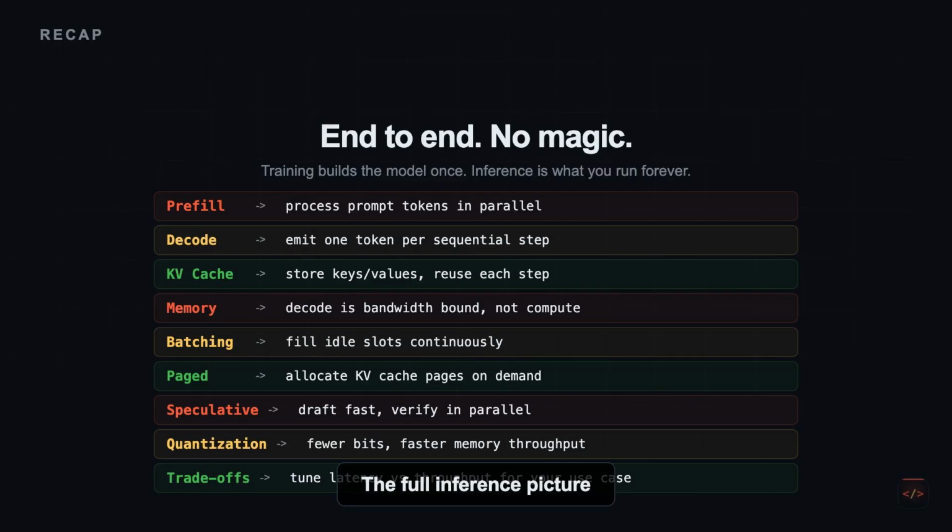Quantization shrinks the model and speeds it up by moving less data, and every real deployment tunes the balance between latency and throughput. Training builds the model once, inference is what you run forever. And this is how it is made fast.